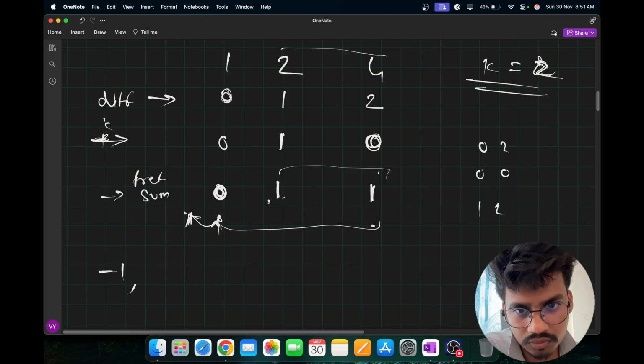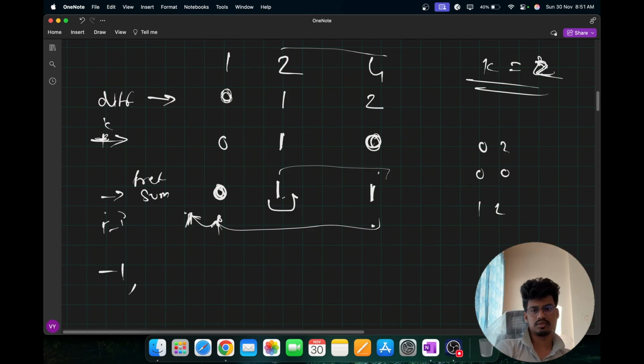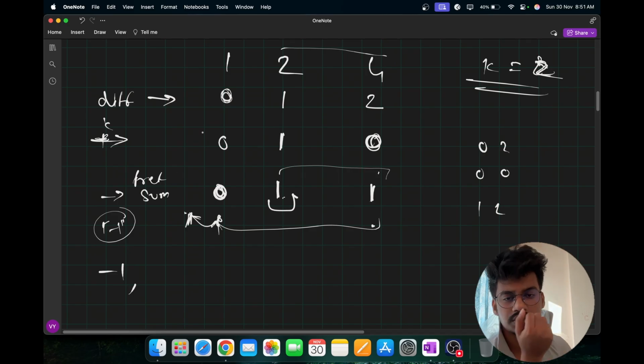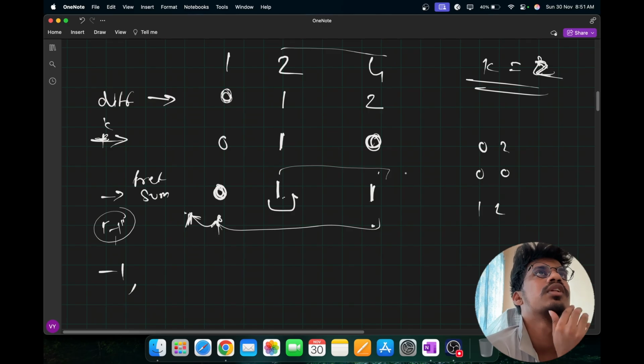For 0 to 0, the sum, should we always take the sum for the first, like the first position, or this L minus 1 position? This is a question now. Because this thing doesn't need to have 0 always.